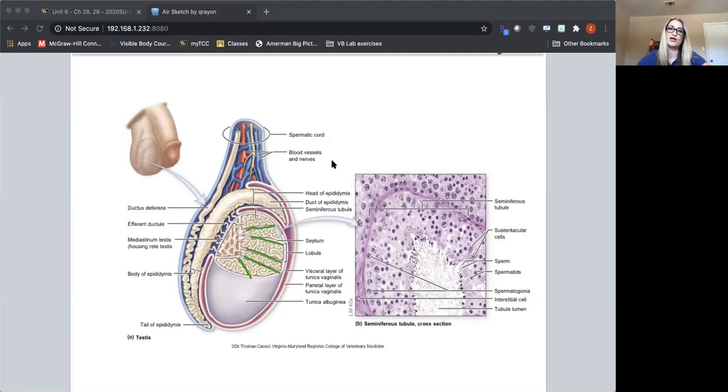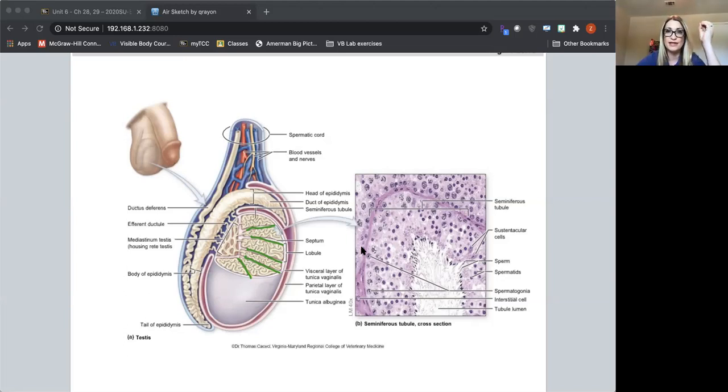These compartments are known as lobules. Each lobule contains up to 4 seminiferous tubules, okay? And seminiferous tubules are the origins of sperm. Seminiferous tubules is where the sperm are formed.